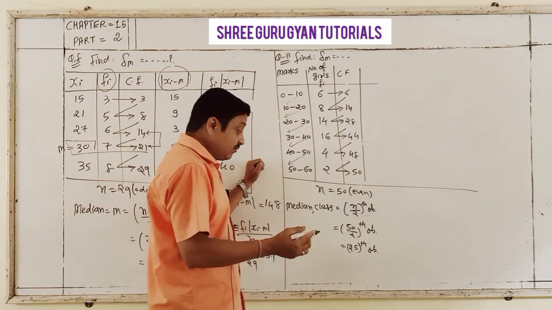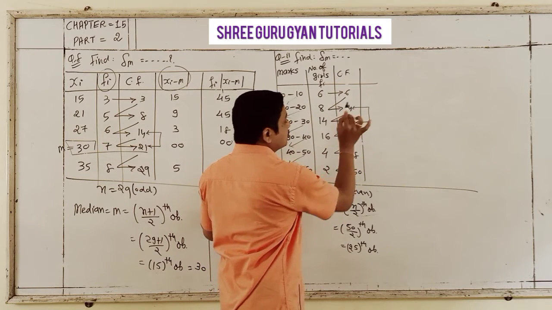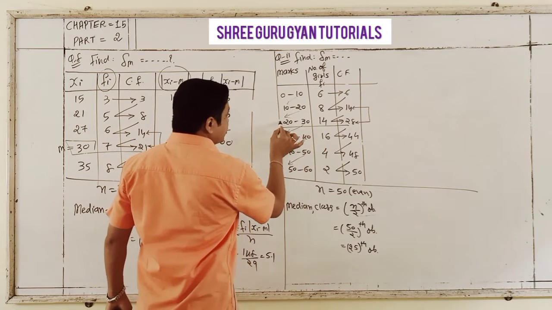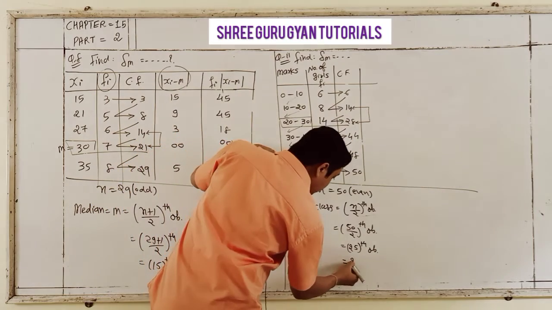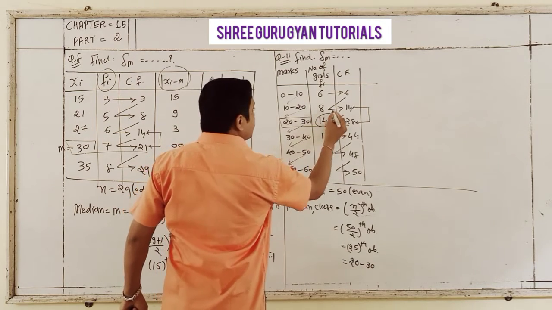And students, my 25th observation is in this way 14 to 28, between which your 25 is running, so here you will go straight, this is your interval 20 to 30, this is your small f, and that's your big F.